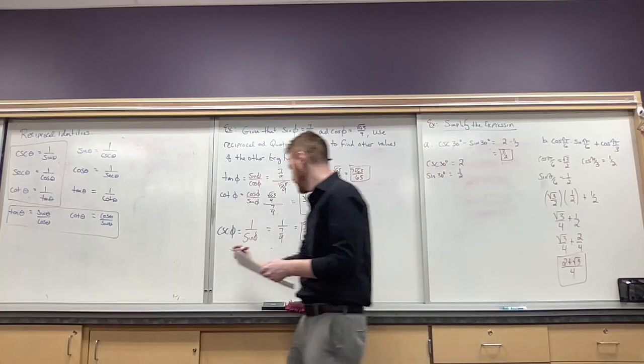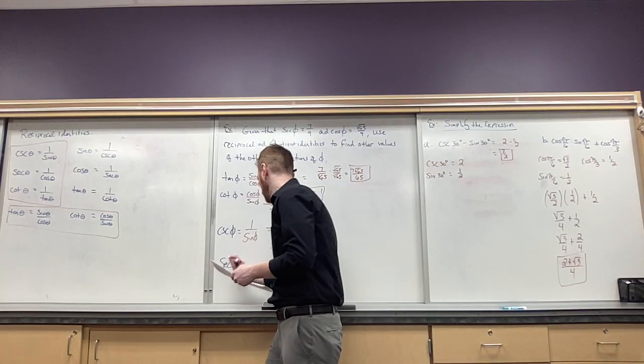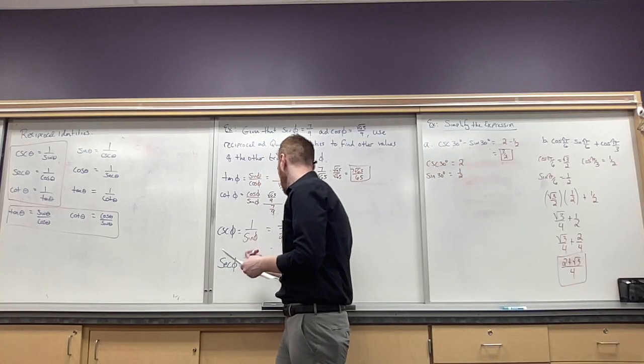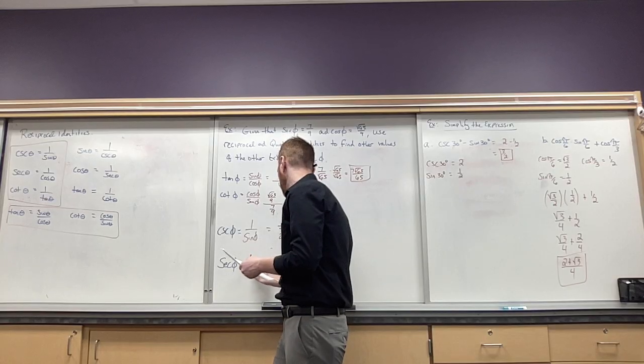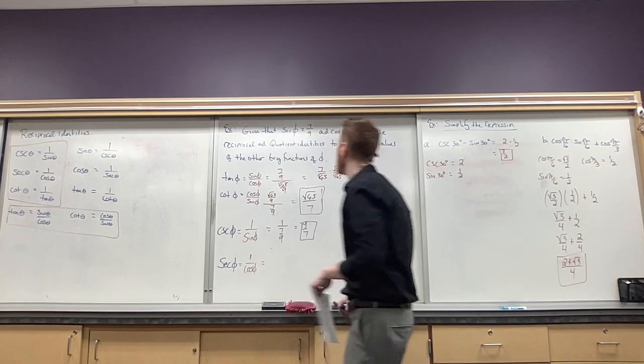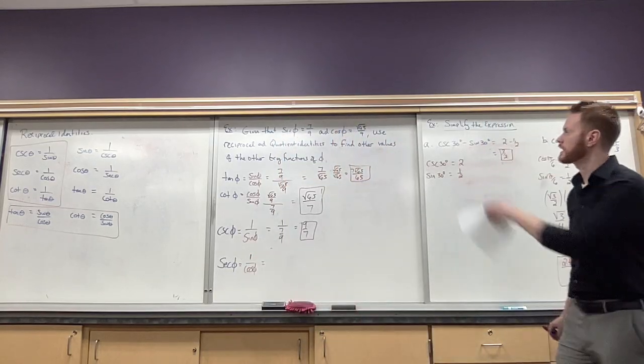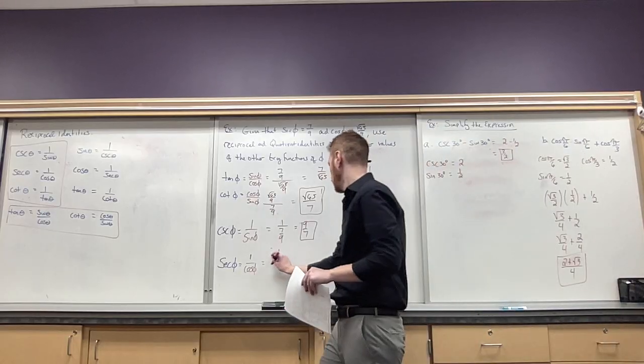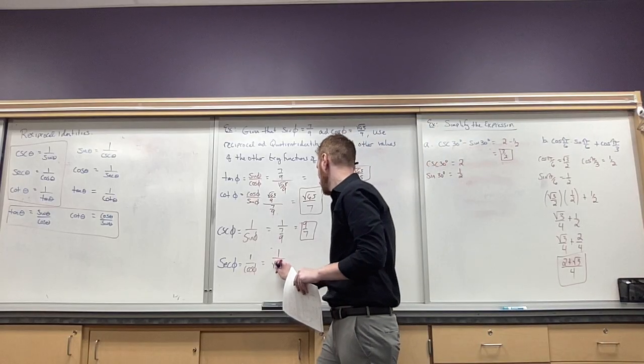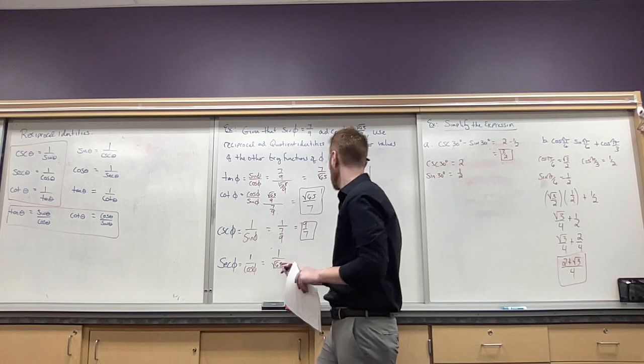And last one, secant of phi is going to be 1 over cosine of phi. That's this one over here. So 1 over square root of 65 divided by 9.